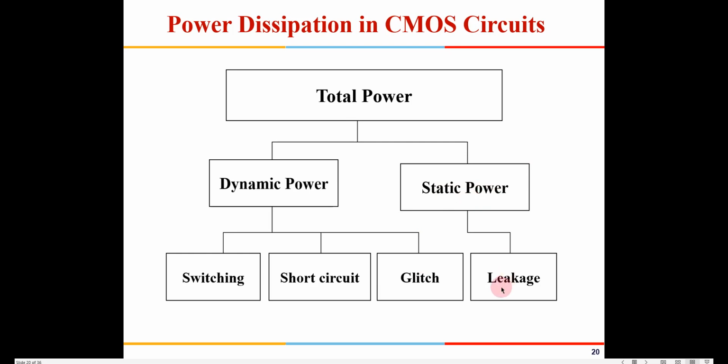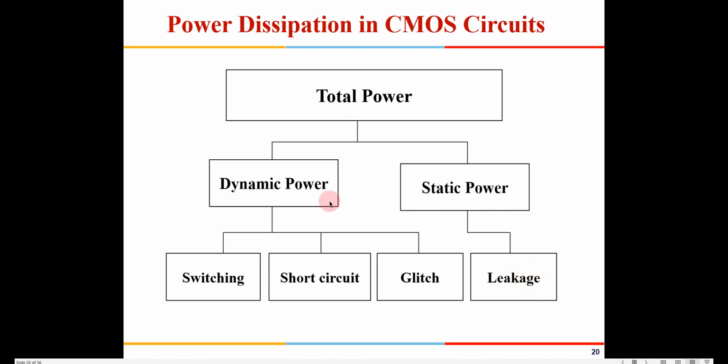Whenever the input is not changing, the input is either 0 or 1, accordingly the output will be either 0 or 1, but still there will be some leakage current in the circuit. That is because the MOSFETs are not ideal switches, so there will be some leakage current. That is known as static power.